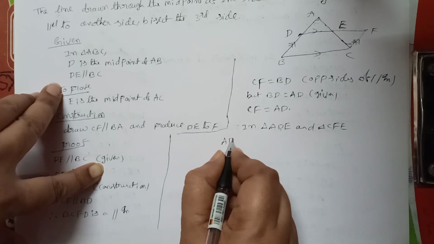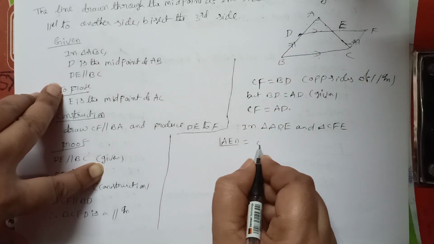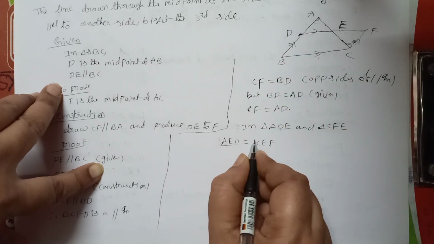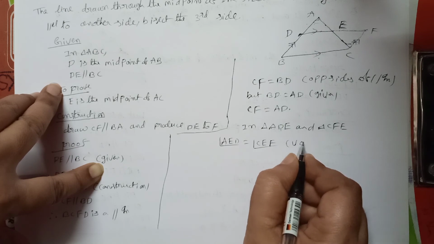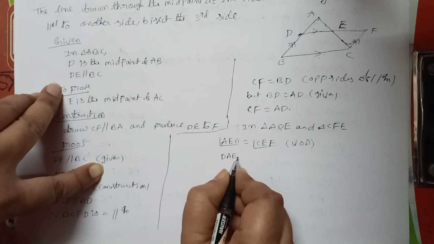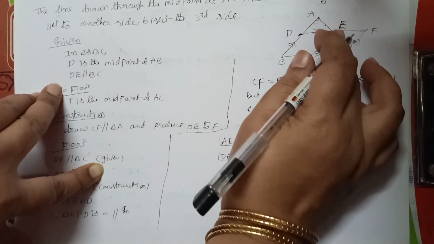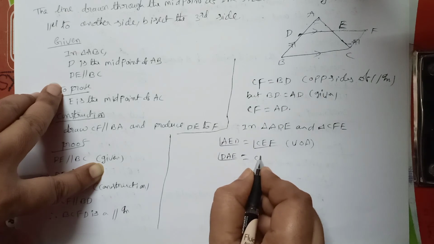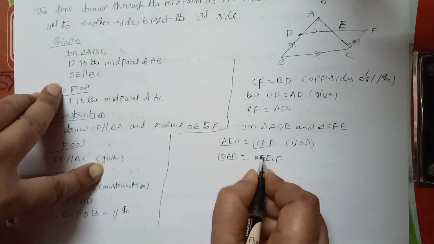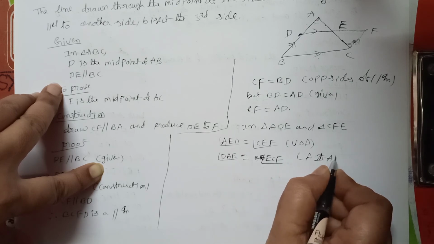Angle AED is equal to angle CEF, vertically opposite angles. Angle DAE is equal to angle ECF, alternate interior angles.